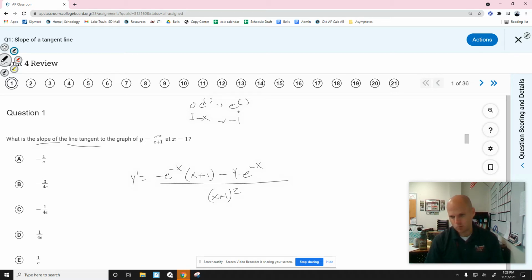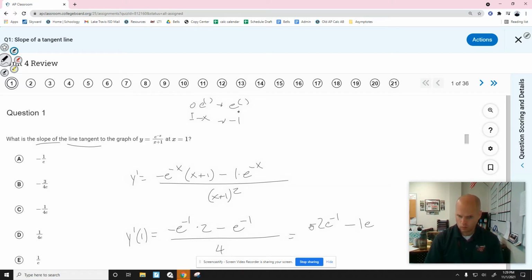Simplify if you want. I've got to just plug in 1, right? So simplify if you have to. Negative e to the negative first times 2 minus e to the negative first over 2 squared, 4. So many options here. Well, this is negative 2 e to the negative first.